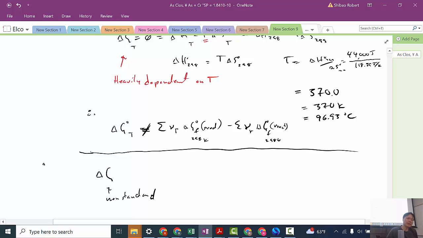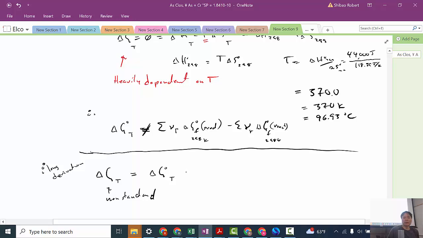There's a long derivation in the book. I'm not going to go through the long derivation in the book. But delta G under non-standard conditions, all we do is we take our delta G under standard conditions and then correct it. So this is delta G under non-standard conditions at temperature T is equal to delta G under standard conditions at temperature T with a correction. And so what is the correction that we're going to apply to this?